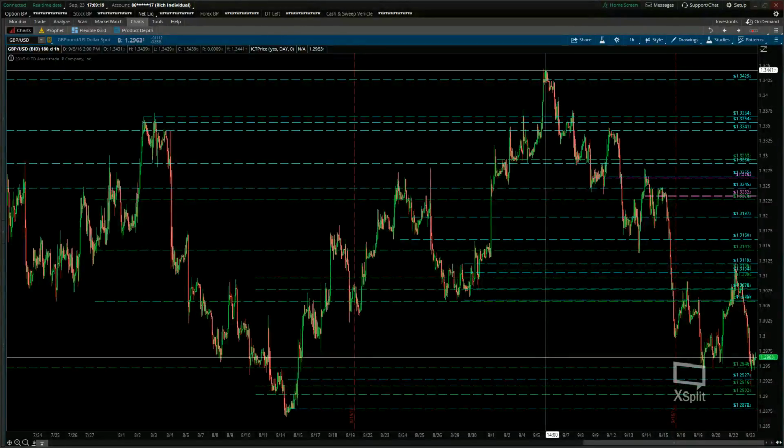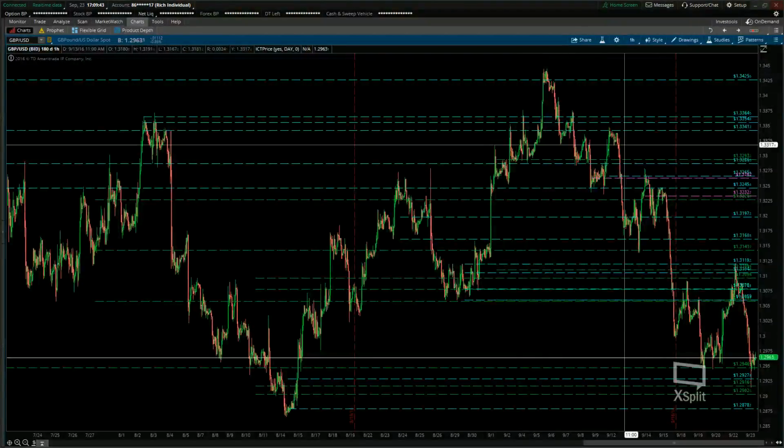ICT teaches anywhere from 10 to 20 pips for a stop run, and you'll see this happen all the time. Every day of some sort, a stop run will be on a daily low, a weekly. And if it's a reversal, it'll run the stops and go right back the other direction.